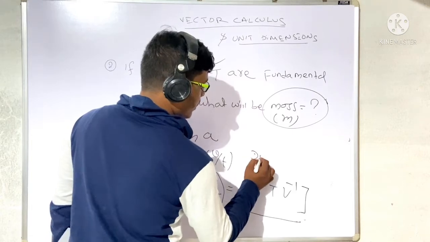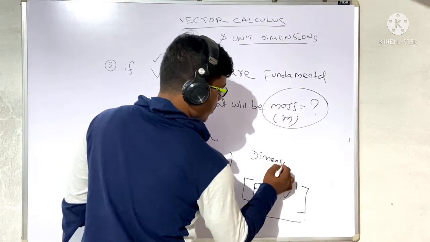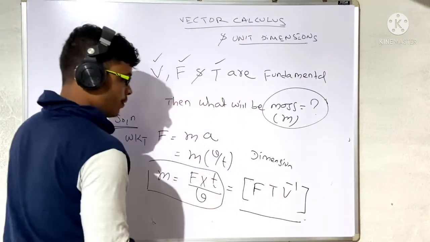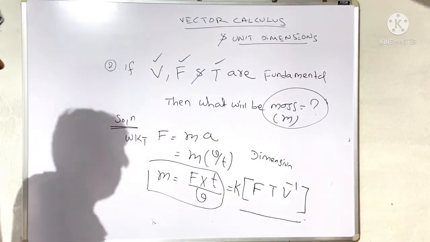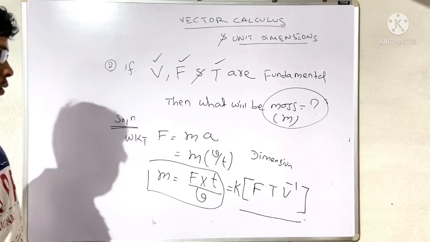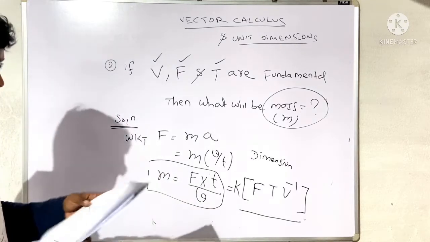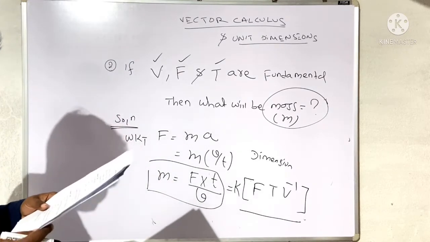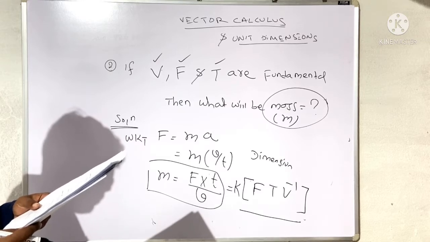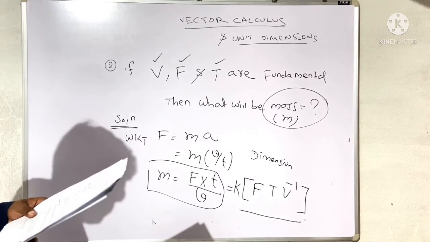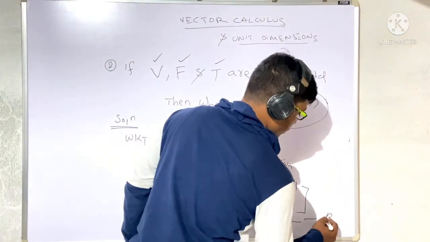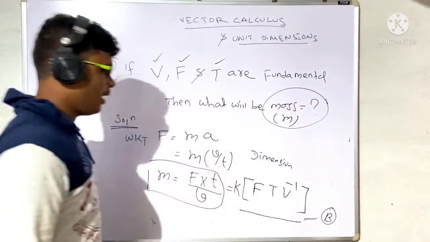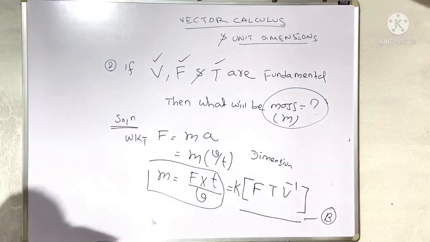So your answer is [F T V minus 1]. One k is given. I think this k is a constant, some dimension constant. So your answer will be V minus 1 T F, which is given in option B. So this is option B. So look at the question and the relation. This is your second question.